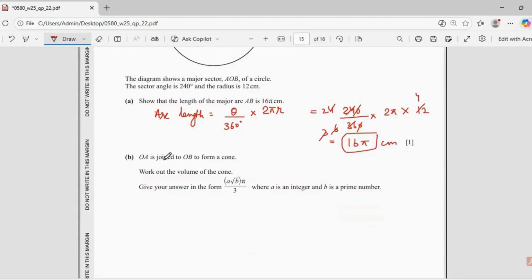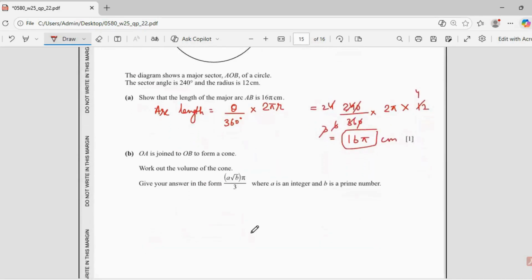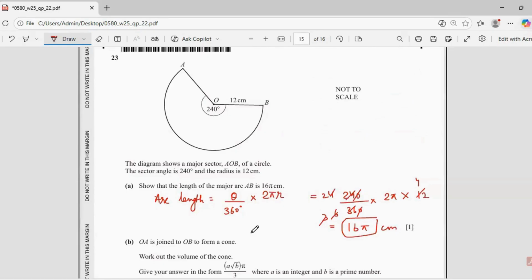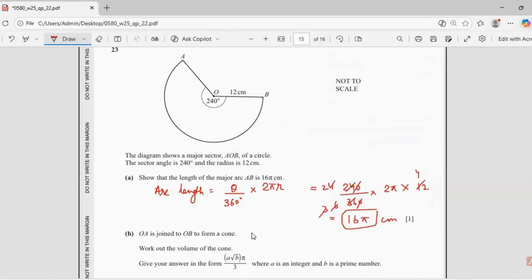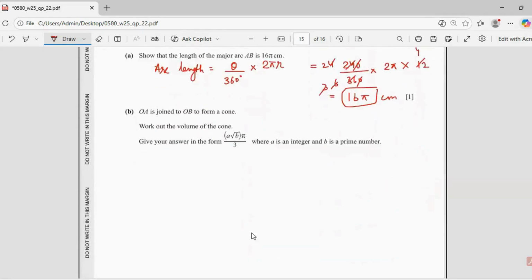Next we have OA joined to OB to form a cone, and we need to work out the volume of the cone. When OA is joined to OB, this forms a cone and we don't know what the radius is. To find the radius, we know that the arc length of the sector is equal to the circumference of the base of the cone. You can visualize it.